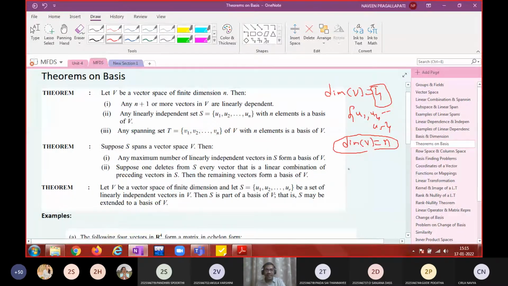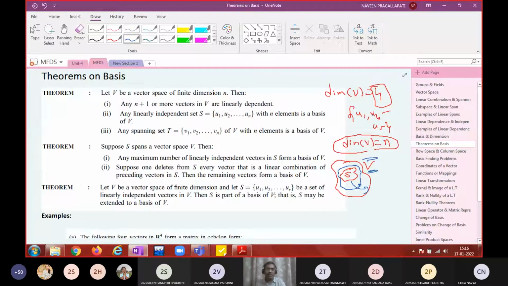Okay, and any superset of a spanning set also spans the space. So if I take a set S whose span is the whole space V, then any superset of S also spans the given space V. That means a basis is the smallest subset which spans the entire vector space.